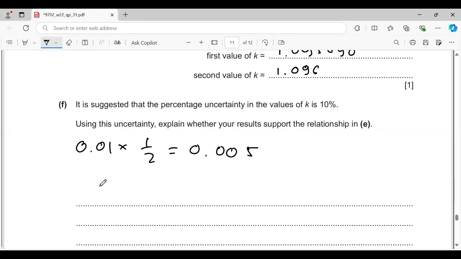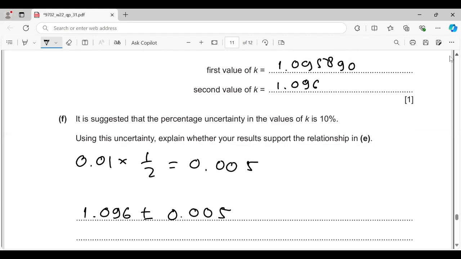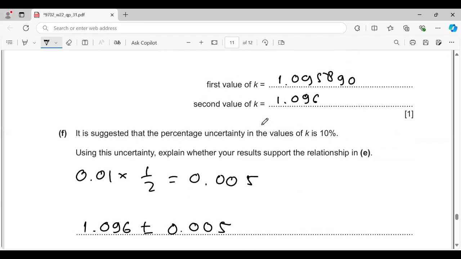So the uncertainty result will be 1.096 plus or minus 0.005. And you can find the relationship with this result.